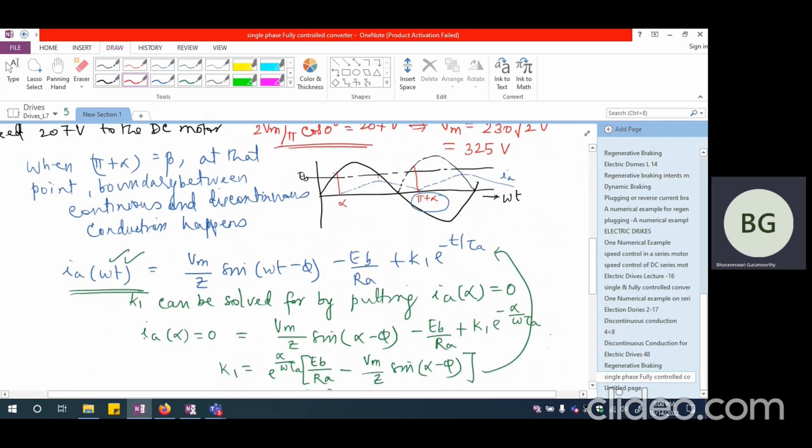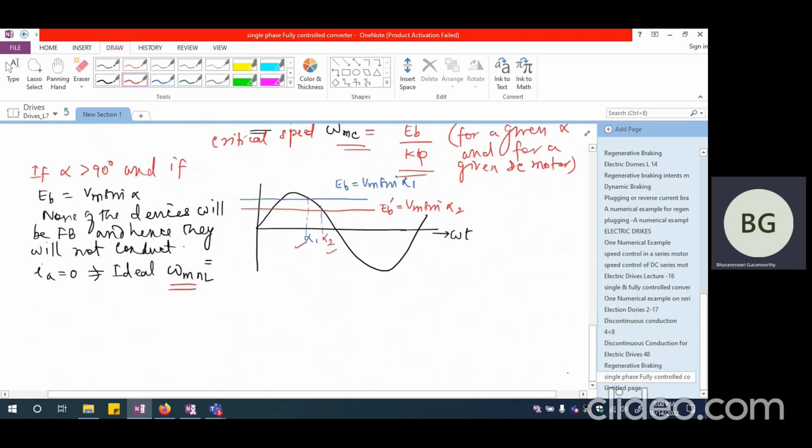So whatever we wrote as ideal no load speed, omega m ideal no load speed, is Vm divided by K5 for alpha less than 90 degrees. Whereas the same ideal no load speed will turn out to be Vm sine alpha by K5 when alpha is greater than 90 degrees.